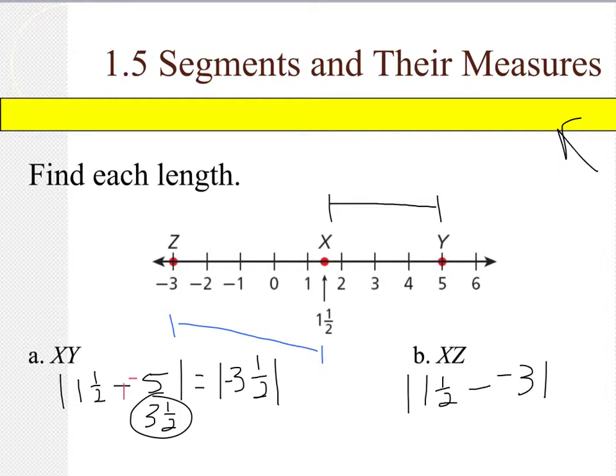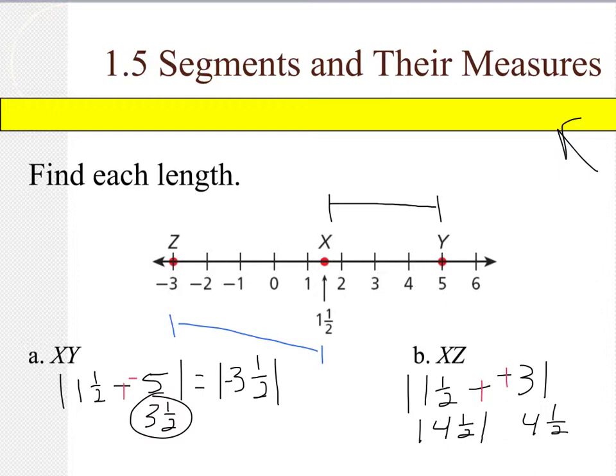When we subtract, add its opposite. We look at that and we take the absolute value of 4.5, because 1.5 plus 3, again, add its opposite to get plus 3, we get absolute value of 4.5. How far is that away from 0? 4.5. So the length of XZ is 4.5.